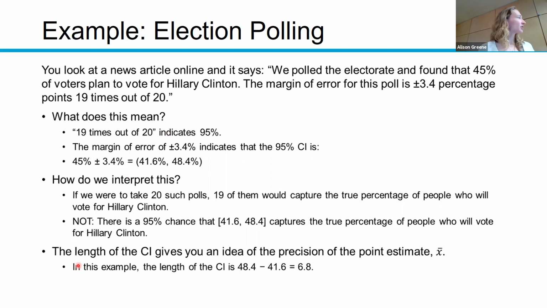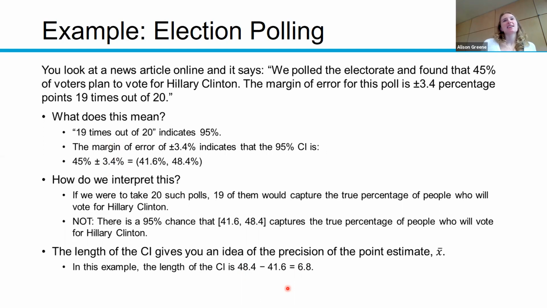With this example, I also wanted to show that this can give you an idea of the precision of your point estimate. So the difference between the upper and lower bounds, which is 6.8, or double your margin of error, basically tells you that we're off by 6.8%.